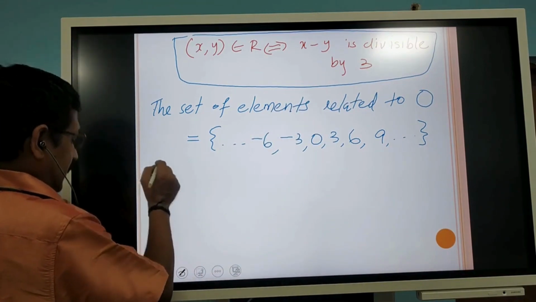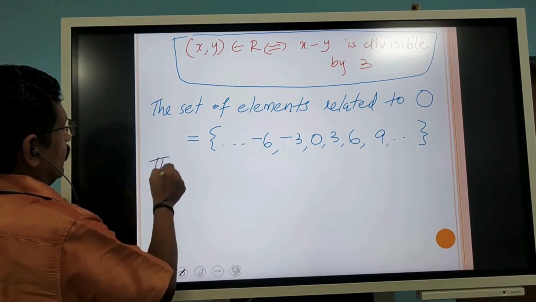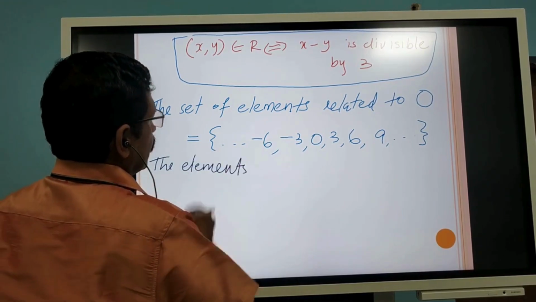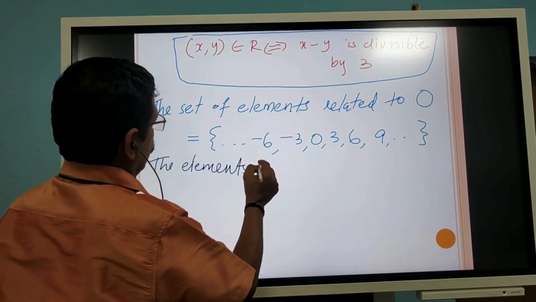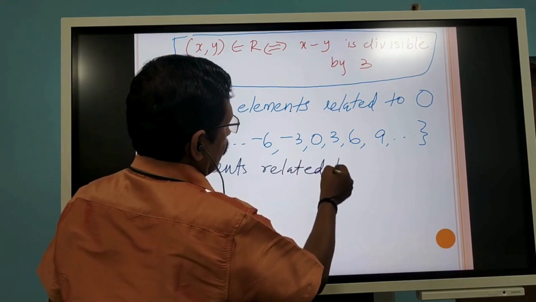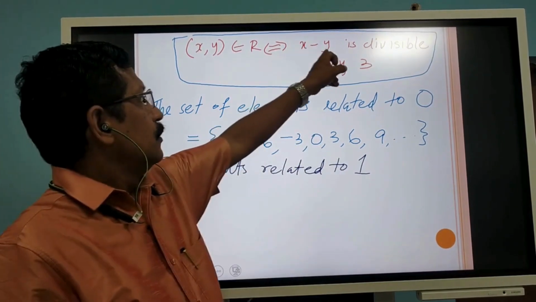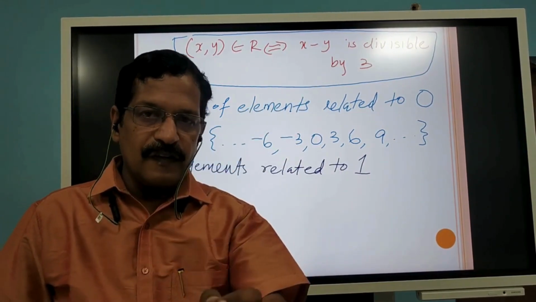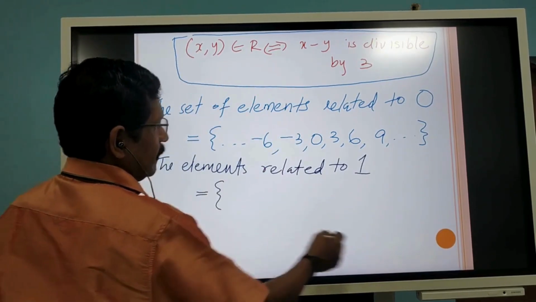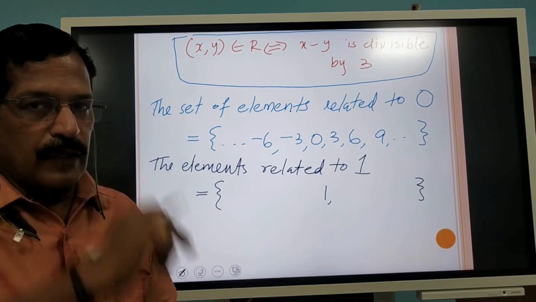Let me find the elements or integers under this relation related to 1. I am taking 1. Since it is an equivalence relation, it is reflexive. So, when I am writing this set, without any difficulty, I can write 1. 1 is related to 1.